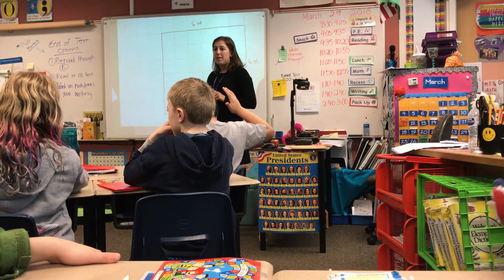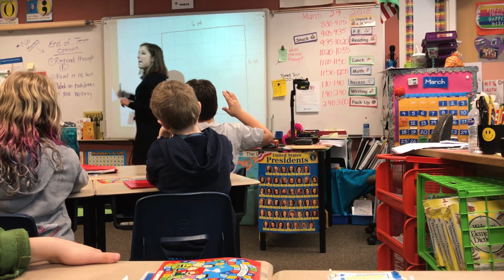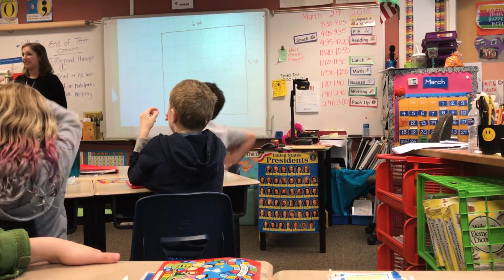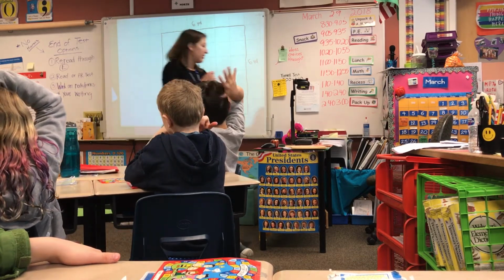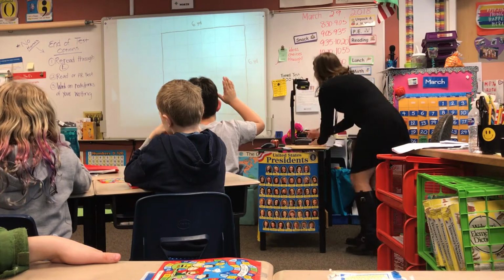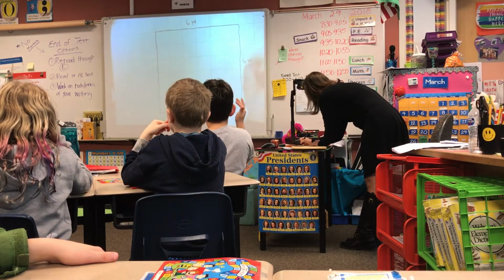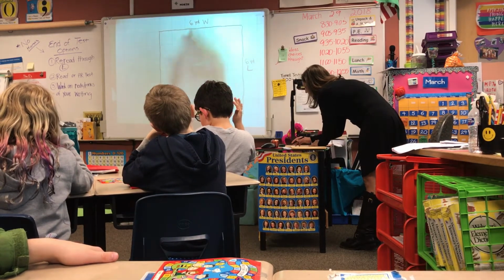So do we multiply by the amount of sides it has, or do we multiply by how long the sides are? Yeah, so remember this is length times width. So if we've got our length over here, how tall it is, our length is 6 yards, and our width over here is 6 yards.